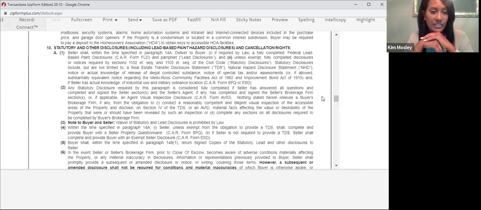The buyer would still have 5 days to review this new information. So I've seen where, let's say, buyer removed contingencies, and then it was a condo complex transaction, and then some new CC&Rs came in, the rules and regulations. This is still a new report that's given to the buyer, so the buyer would have 5 days.